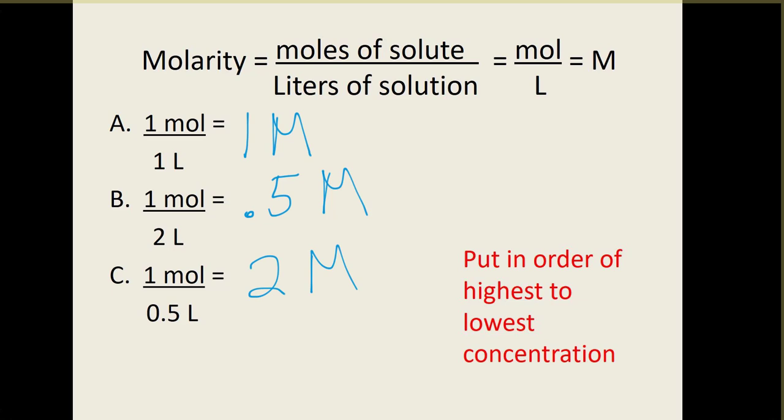So putting this in order of highest to lowest concentration, my highest concentration is this one. The larger the number, the more concentrated it is, and the smaller the number, the lower the concentration. So that number in front of the M tells you a lot. It tells you how concentrated that solution is.